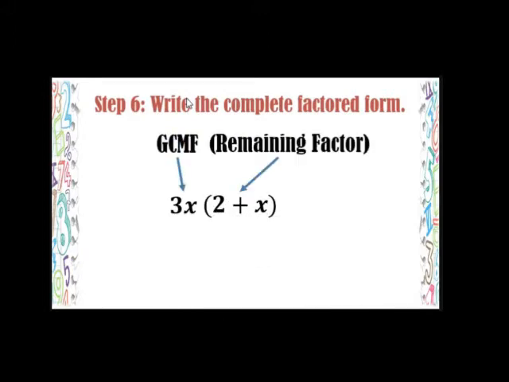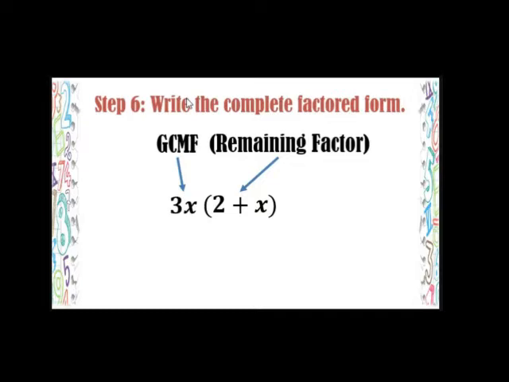Last step. Write the complete factored form. In writing the complete factored form, consider the GCMF and the remaining factor. So the complete factored form is in the form GCMF times the remaining factor.